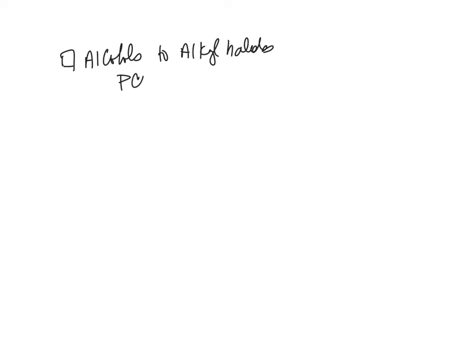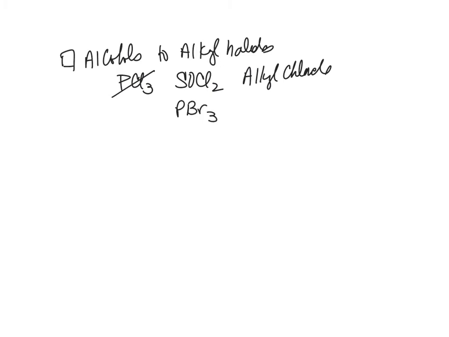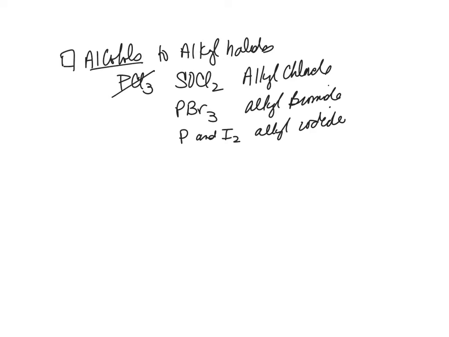So we're looking at PCl3, but better than PCl3, I would use thionyl chloride to make an alkyl chloride, and then PBr3 to make an alkyl bromide. This is what's commonly used. And then phosphorus and iodide to make an alkyl iodide. Okay, so we've talked about that.